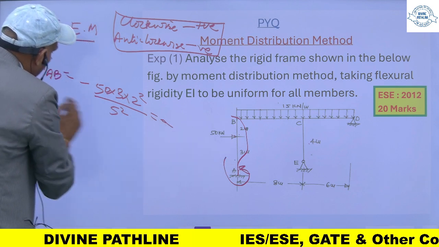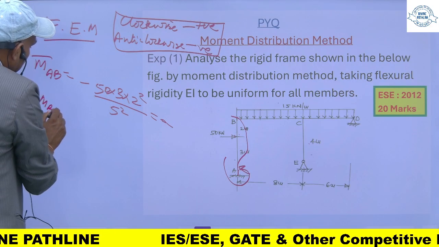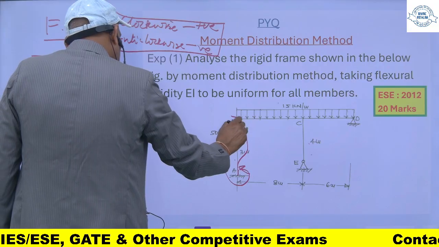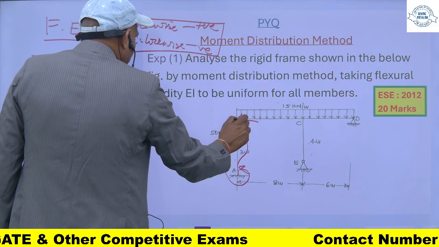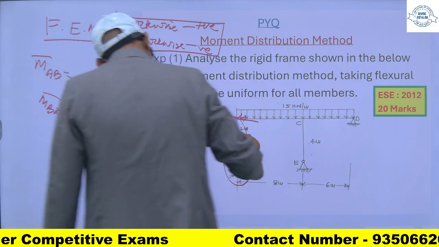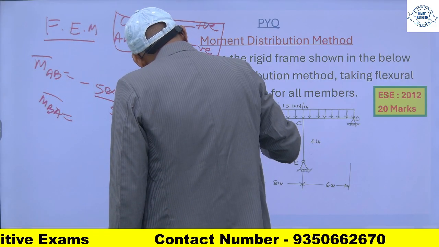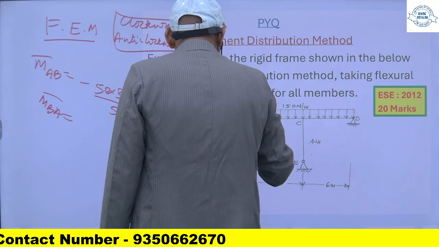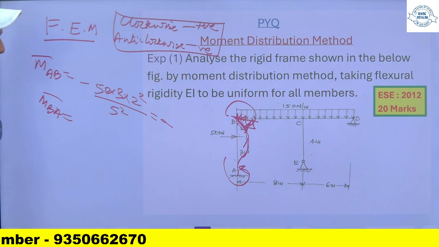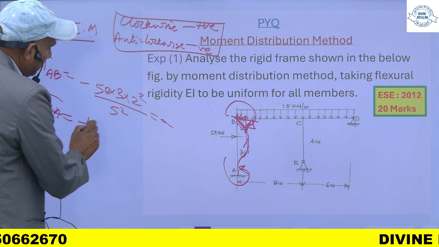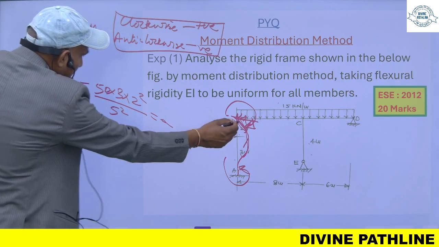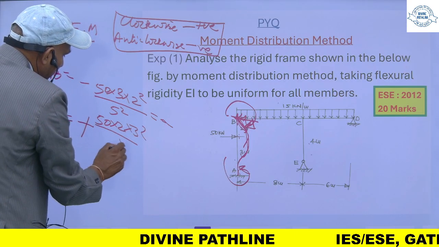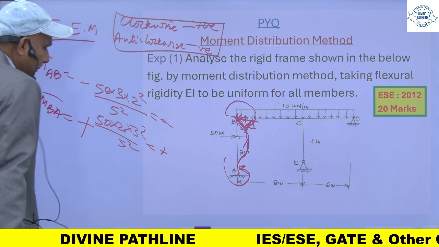Similarly for BA, this will act as fixed and will rotate like this. So this will be a clockwise moment, positive: 50 into this distance into 3 square upon L square. You will get this one.